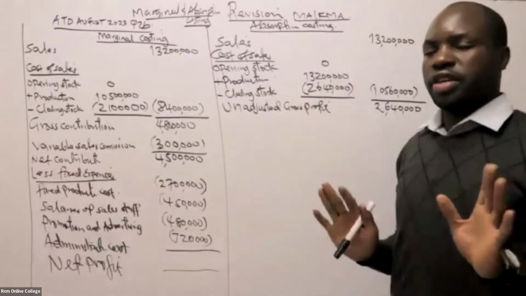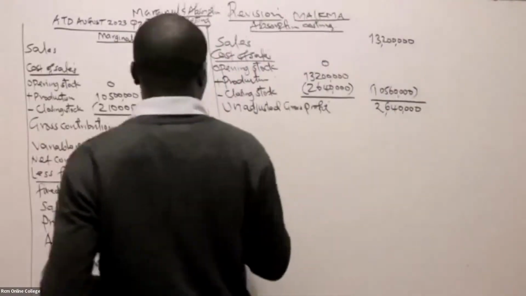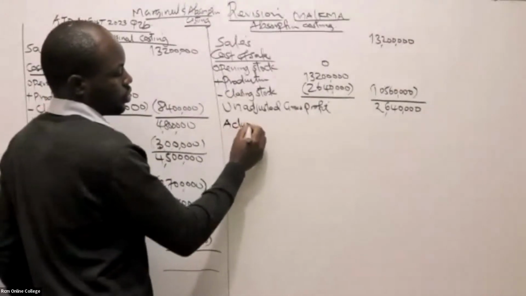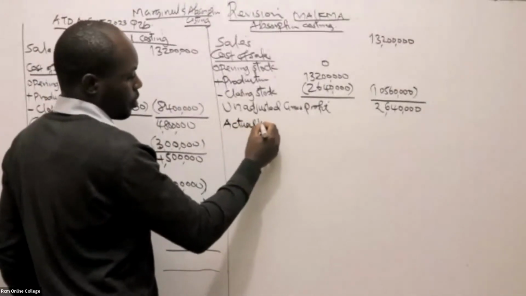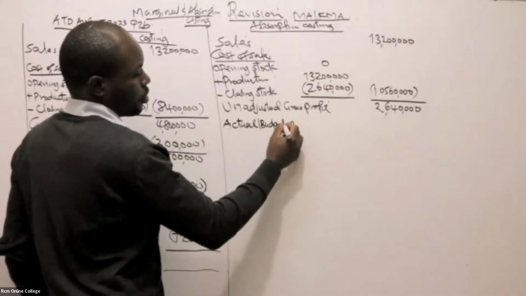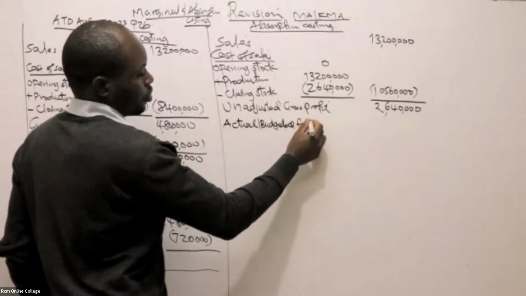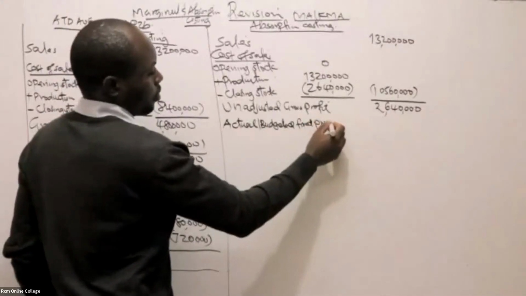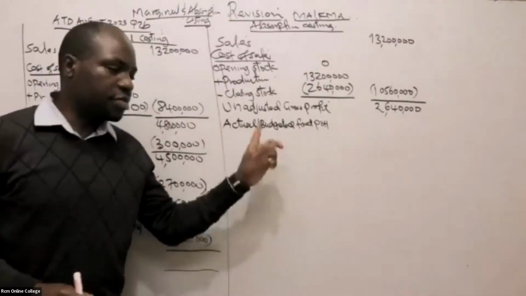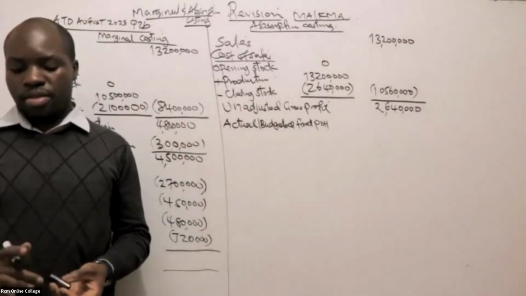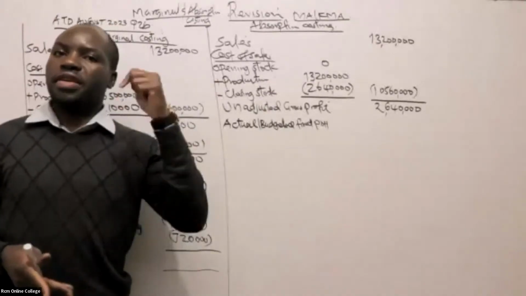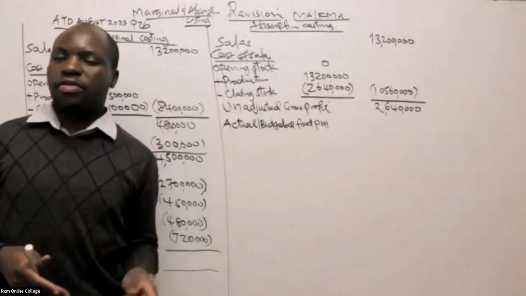So we look at actual or budgeted fixed production overheads. You must look for actual fixed production overheads, but if you don't find it, use the budgeted fixed production overheads.